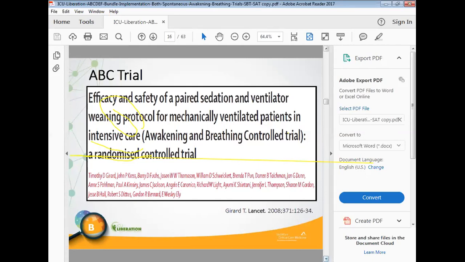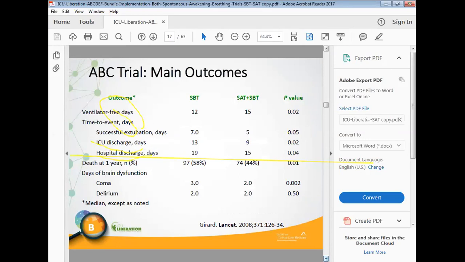And this is really a landmark study which showed that it reduced the duration on the ventilator by 3 days. So this is ventilation-free days, so longer ventilation-free days is better. More patients were extubated.